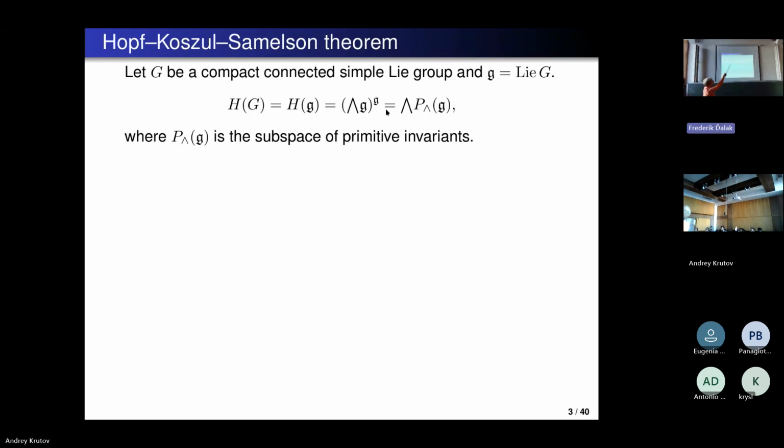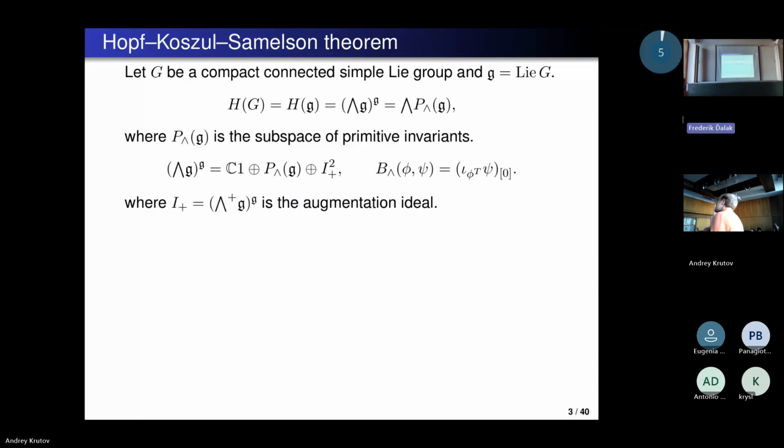The same is isomorphic to the invariants in the exterior algebra of our Lie algebra. And this is again an exterior algebra over some space of so-called primitive invariants. So this is the content of the Hopf-Koszul-Samelson theorem. You see the geometric meaning, so it's the direct homology of a group.